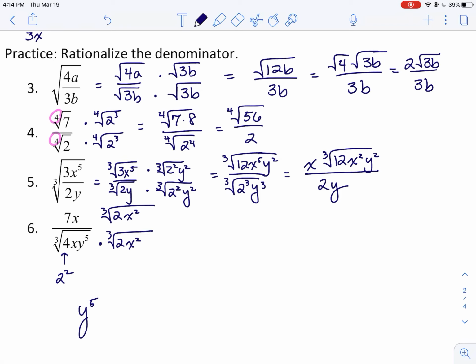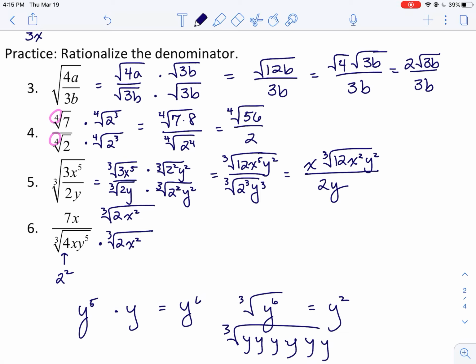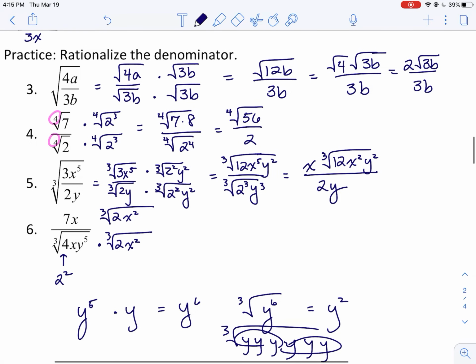Y to the 5th just needs to be multiplied by y to get me y to the 6th. And y to the 6th works because 6 is a multiple of 3, and the cubed root of y to the 6th is going to be y squared, because if I were to write it out with my 1, 2, 3, 4, 5, 6 y's, I would have 2 groups of 3. So I'm going to have times y.